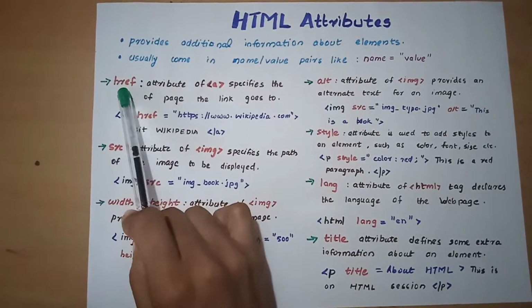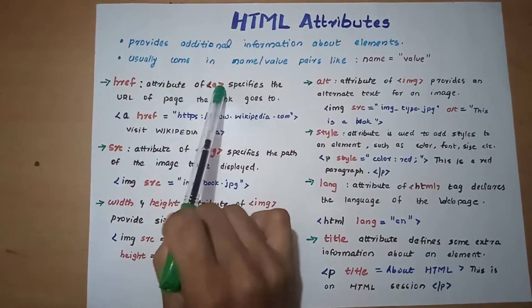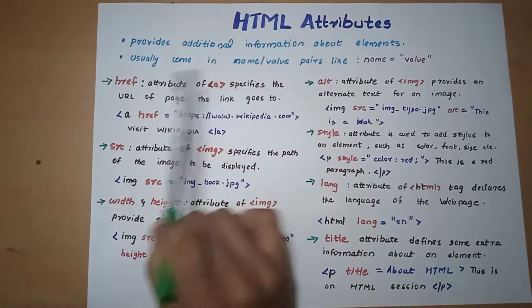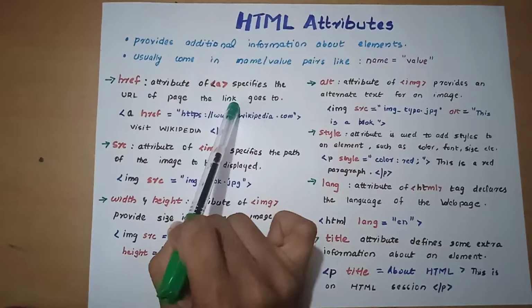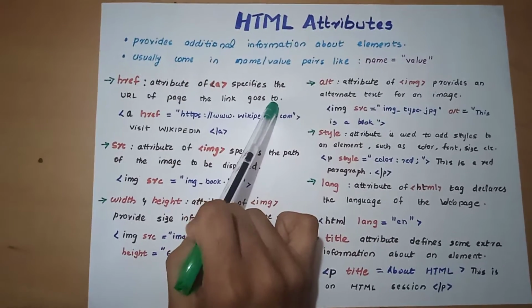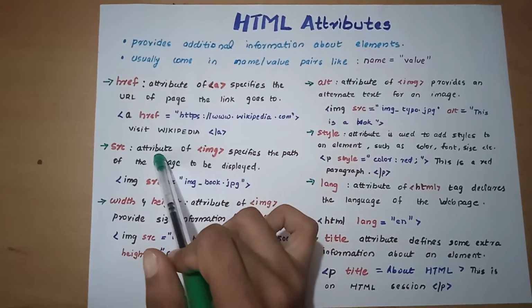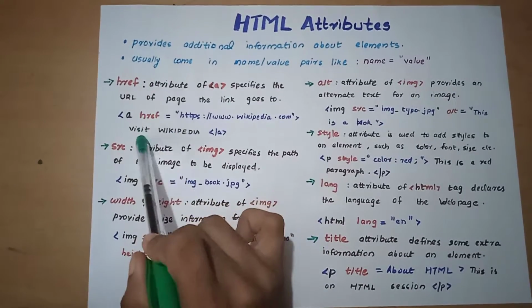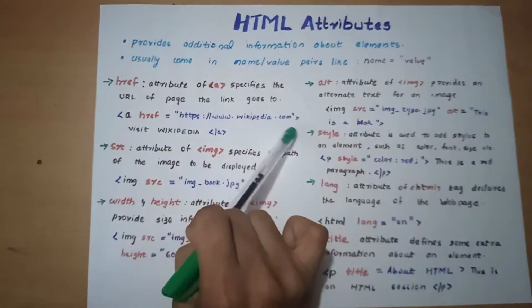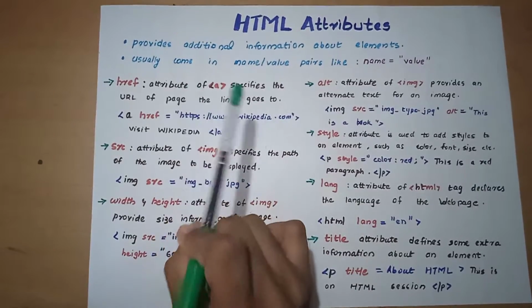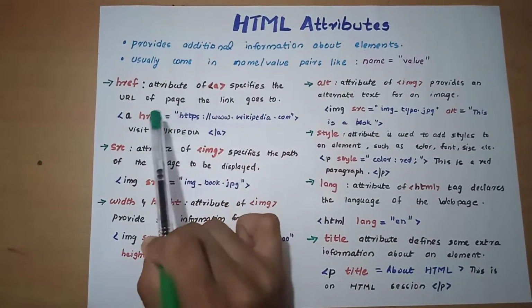href is the first attribute. It is an attribute of the anchor tag and specifies the URL of the page the link goes to. So if we want to move to the next web page from our page, what do we want to do? We just want to refer to the link of the page we want to move to.